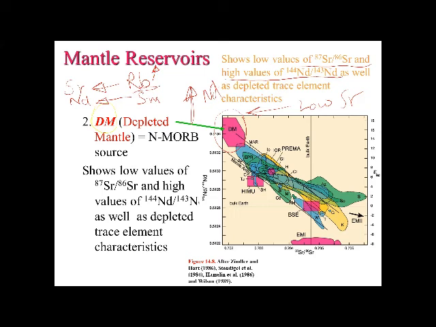So the more you melt, the more rubidium will escape from your sample. But samarium is opposite. Samarium is relatively compatible. That means it likes to stay in the residue.